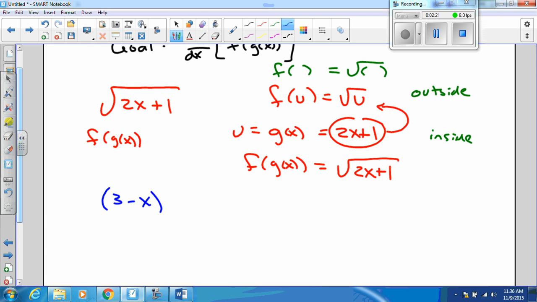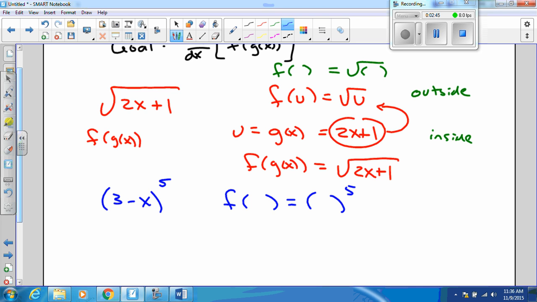Same thing with this. If I have a function 3 minus x to the 5th power, then I can think of this as an outside function, and my outside function would be whatever to the 5th power, or splat is the official mathematical term, splat to the 5th.